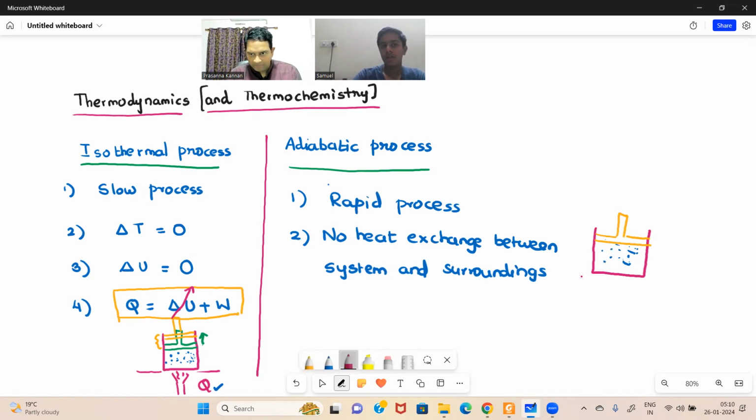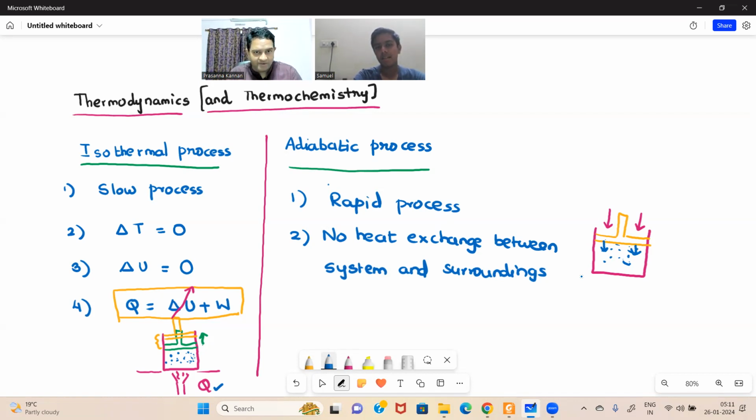Let's say you're applying some pressure from the outside, compressing and pushing the piston in, and you're doing this very fast. Let's see what happens. When you compress the gas, there will be some heat generated, correct?